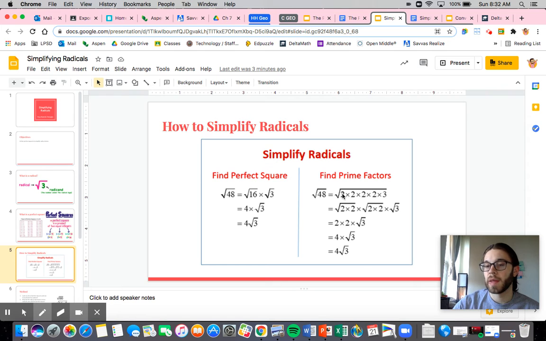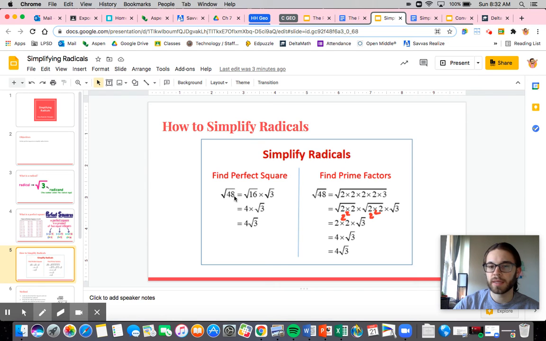Okay. And then what you would do in this one is you'll group it so that I have two squares, two twos, and then a 3 by itself. That's the same thing as 2 squared, which is why that's 2. And that's the same thing as 2 squared, which is why it's 2. I think that's a little bit harder to follow. So I personally like using this method of finding the perfect square.